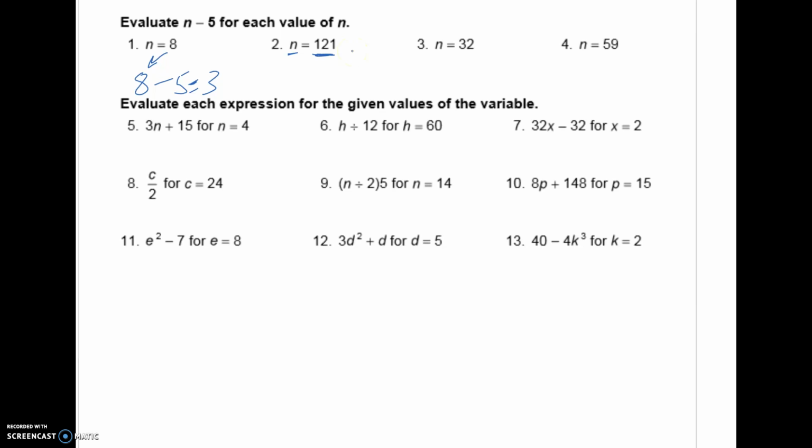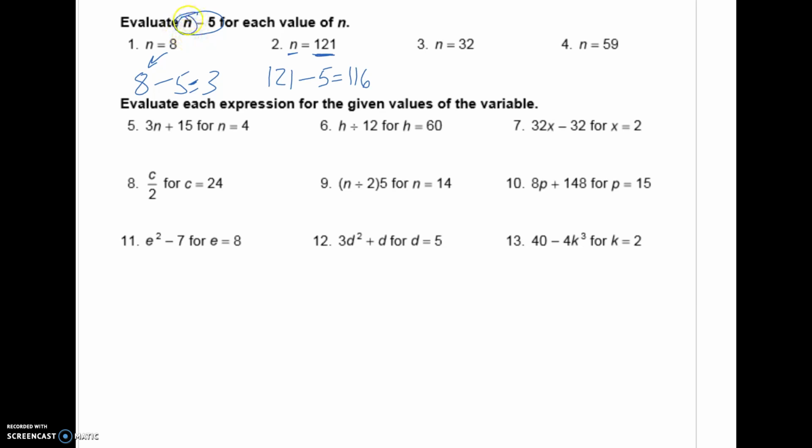Well, remember our original expression up here, n minus 5. What is n? In this case, it's 121. So you substitute it, 121 minus 5 equals 116. Hopefully you're seeing how this works. Okay, you're just plugging in n equals whatever that number is.